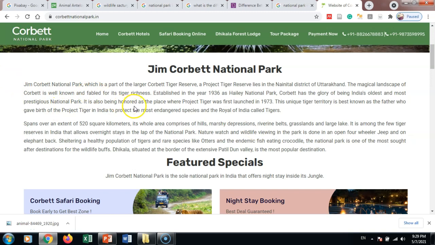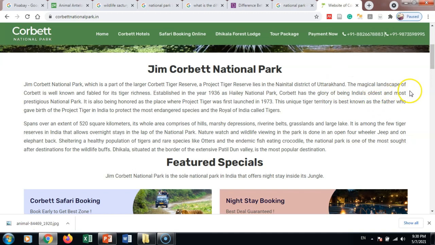Jim Corbett National Park, which is a part of the larger Corbett Tiger Reserve, a Project Tiger reserve, lies in the Nainital district of Uttarakhand. The question may be asked where Jim Corbett National Park is. It is in Uttarakhand, and the Project Tiger reserve lies in this park.